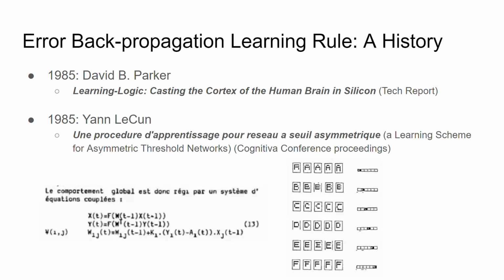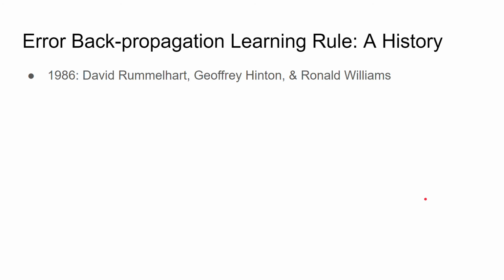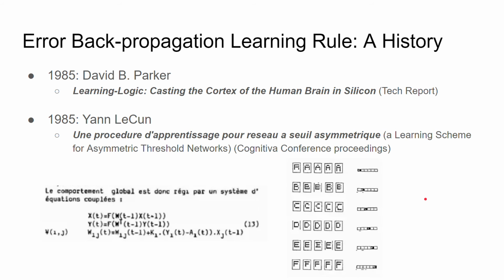So here's some of the training data, where the input was these images and the output is a one-hot classification. So, good early on.